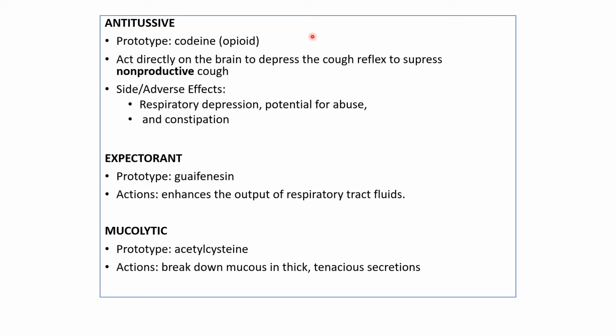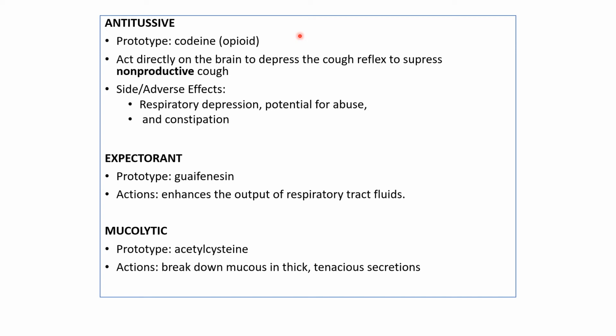The most potent of the antitussives, the inhibitors of the neurons that produce the reflex of the cough, is codeine. Codeine is an opioid, the same family as morphine, fentanyl, hydrocodone, Percocet, etc. Because these kinds of medication depress the cough center, they can be used as syrups to suppress the cough.